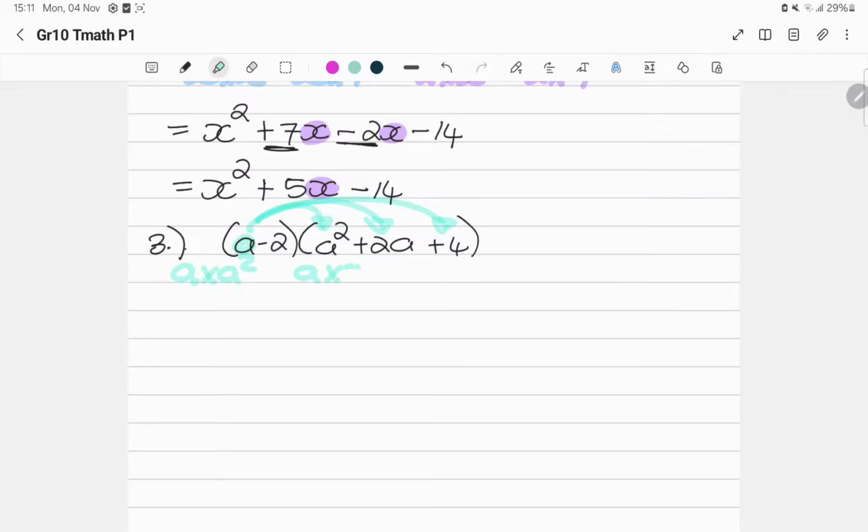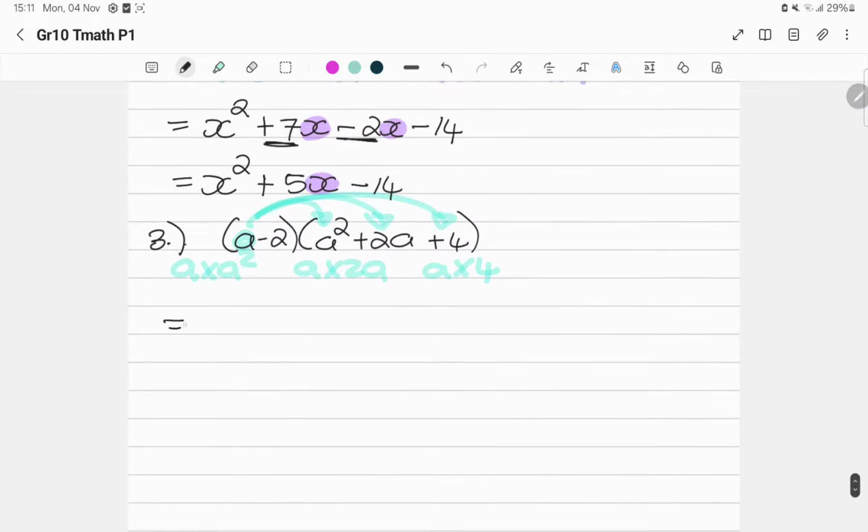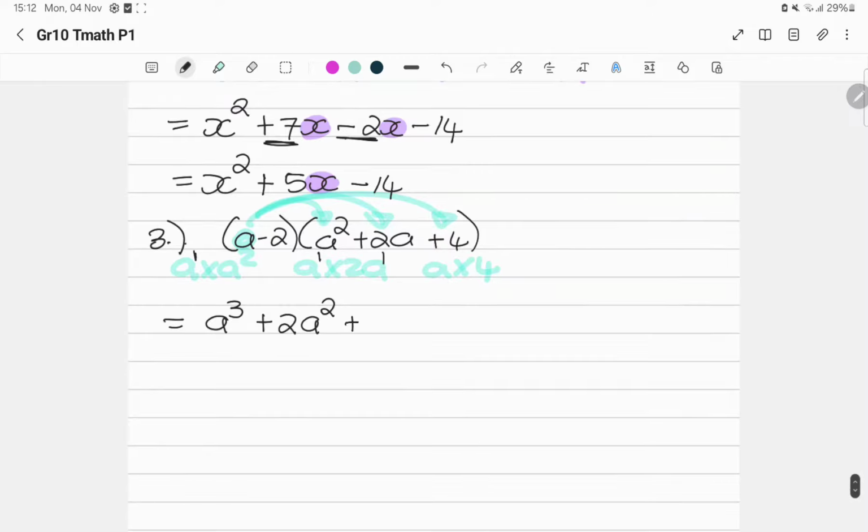What is a times 2a? What is a times 4? A times a squared, once again your exponents add. So 1 plus 2 gives me a to the power of 3. Then a times 2a becomes 2a squared, because 1 plus 1 gives me a squared. And then last one, a times 4 gives me 4a.